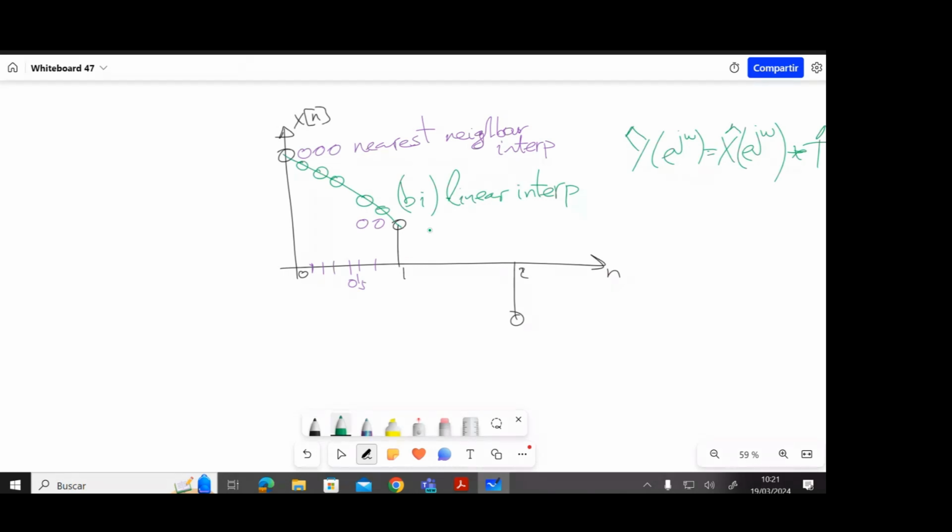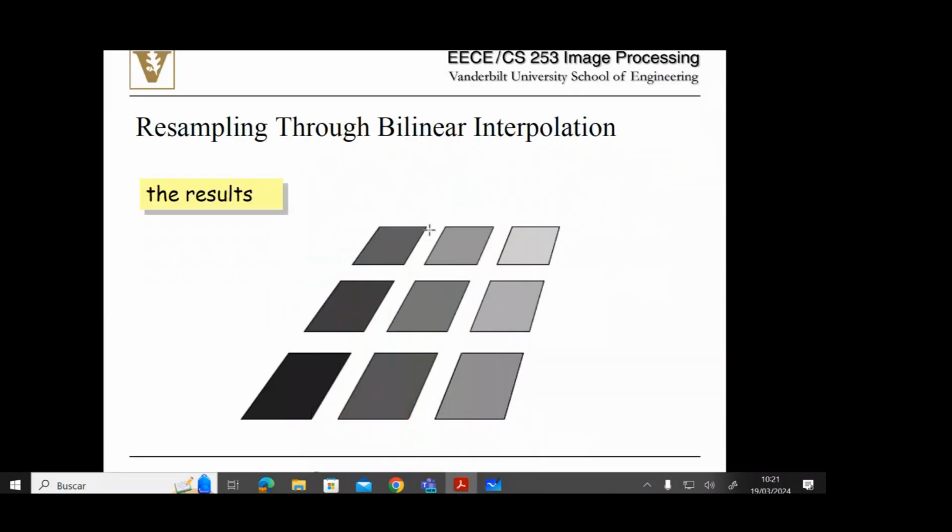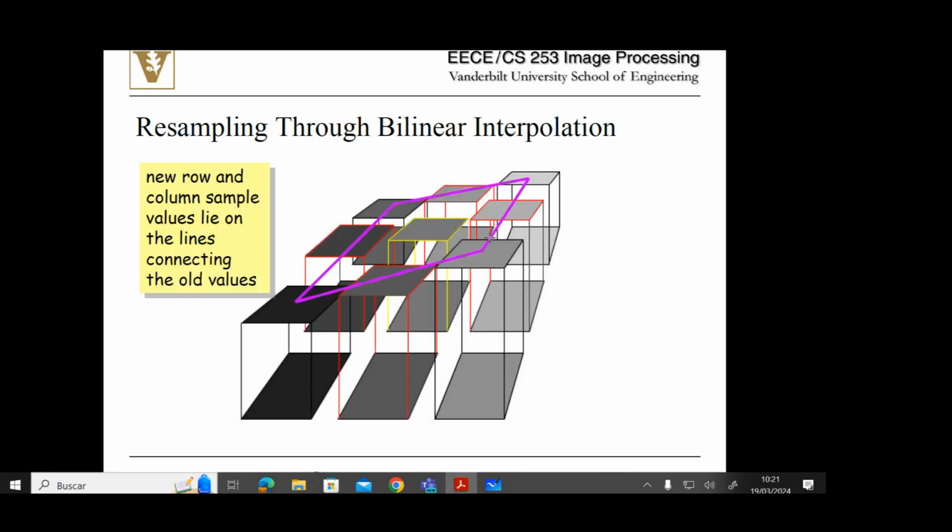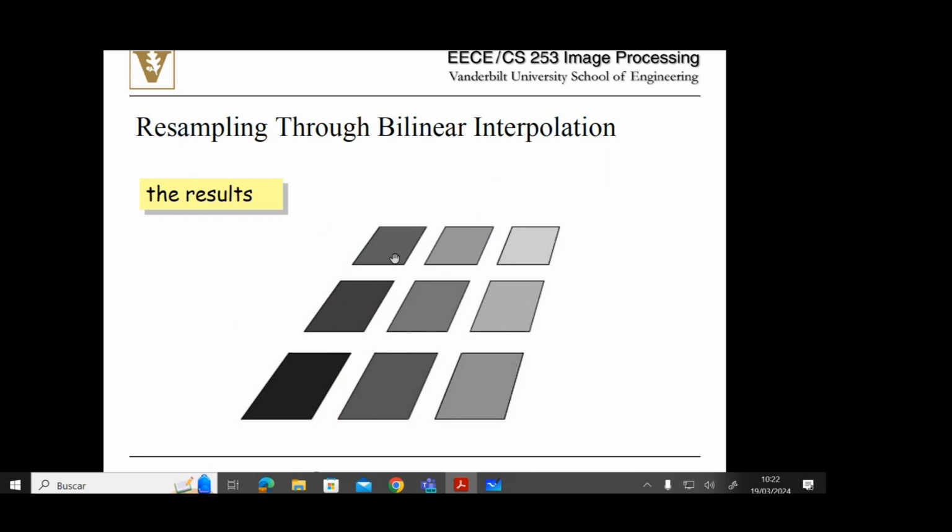So this would be the result. You have these 4 corners, now you have to evaluate in this cross. You have fitted this plane, and then you evaluate the plane at these 5 locations. And you have a smooth transition between the 4 pixel values that you have.